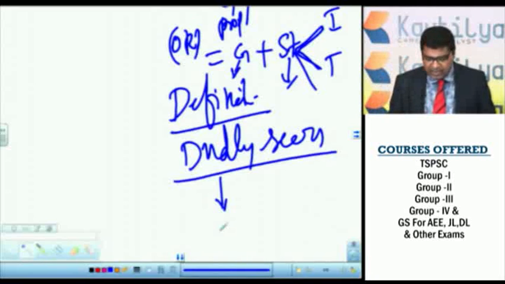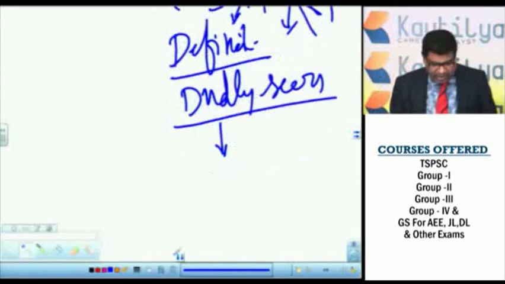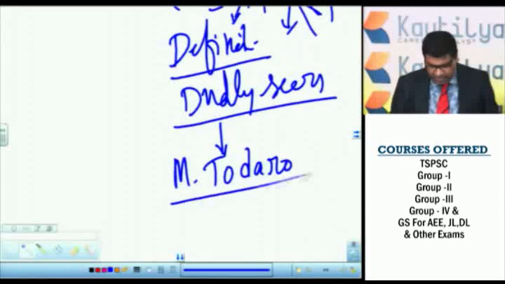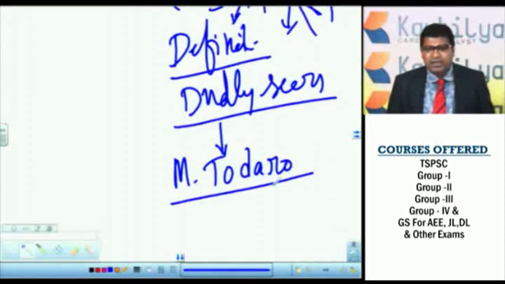According to Michael Todaro, a famous economist, economic development is an increase in the standard of living, increasing self-esteem needs, and freedom from oppression.